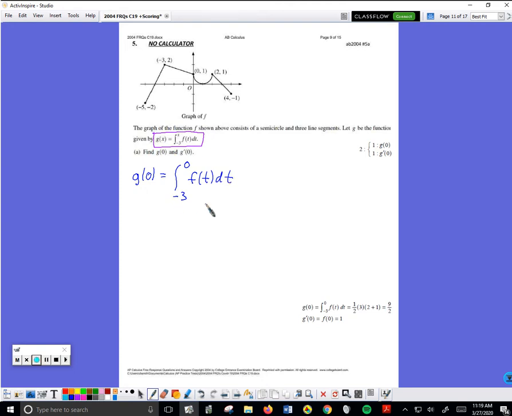So I look up. This is the graph of f. I'm starting at 1, 2, 3. So there's x equals negative 3, going all the way to 0. So this area, shaded in, sorry, that's the eraser.